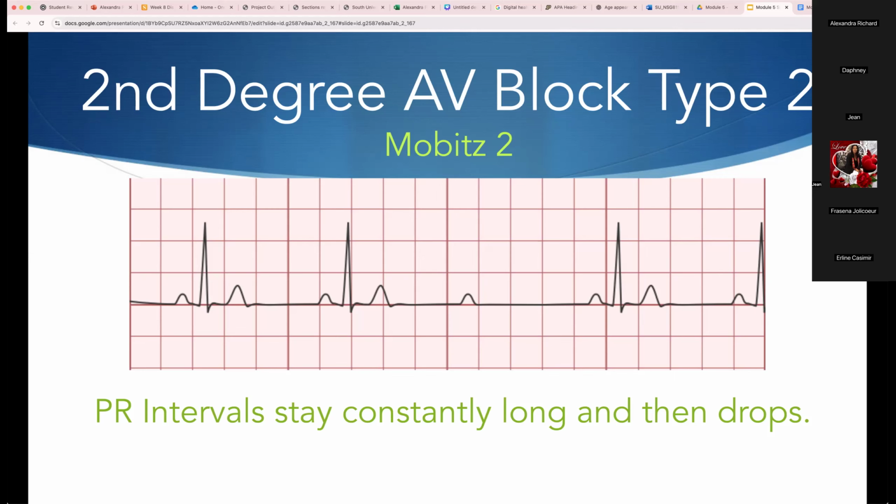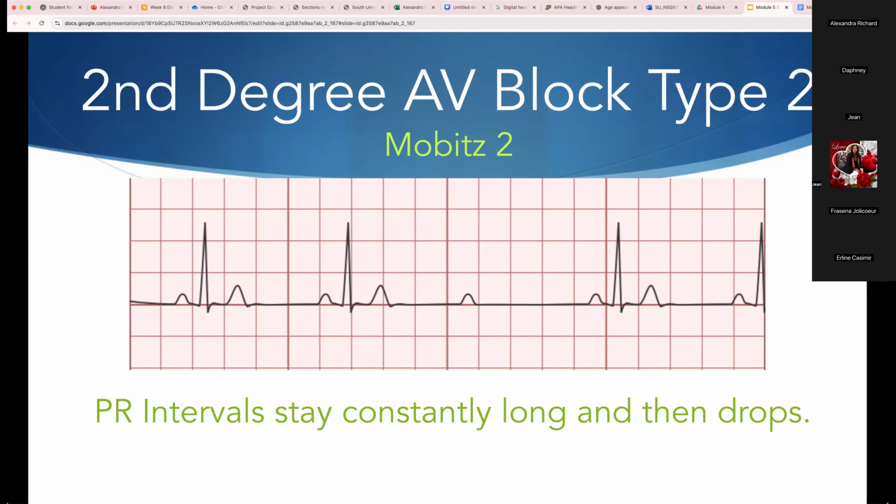Okay? So make sure you wrote down first degree AV block. It's always too long, but it's always exactly the same. So if it's 6 boxes, each one is 6 boxes. No QRSs are missing. Second degree AV block type 1, that's where you get longer, longer, longer, and then drop.